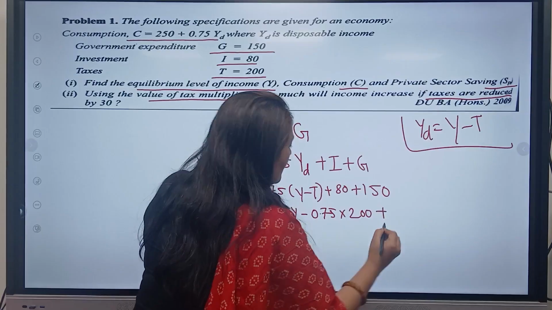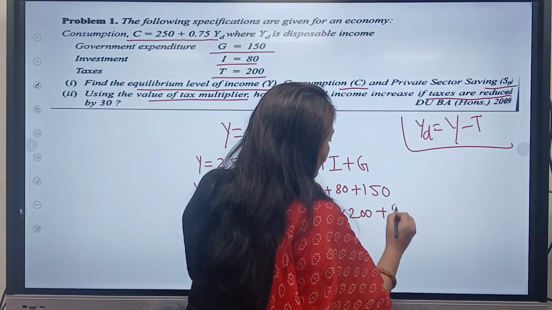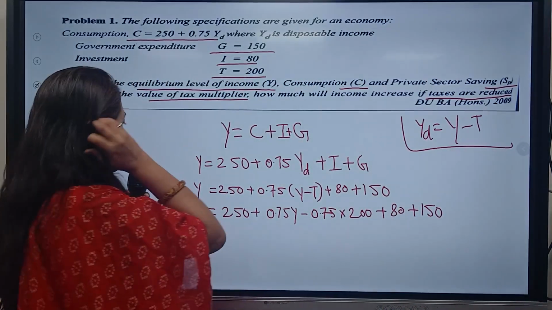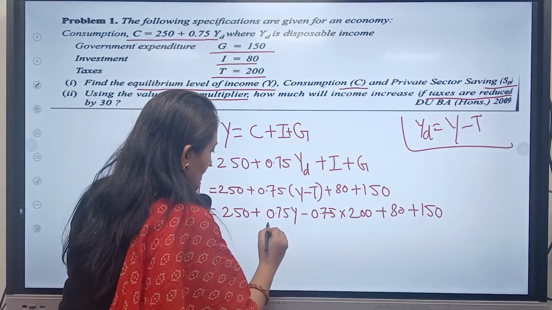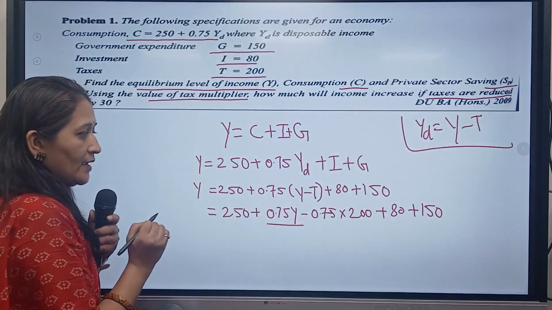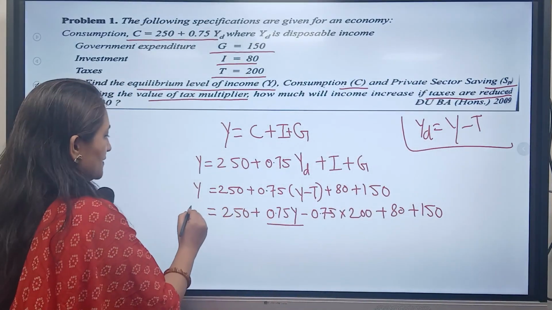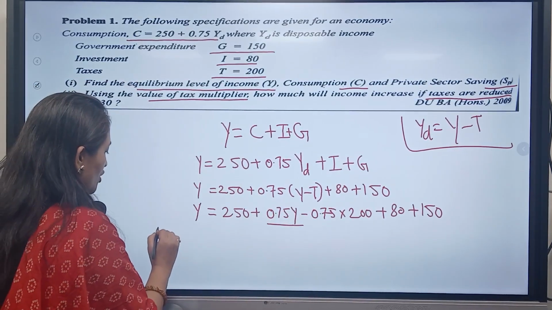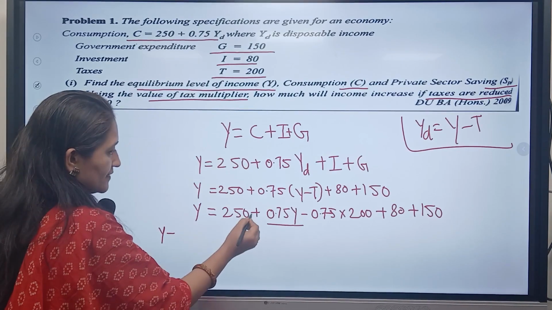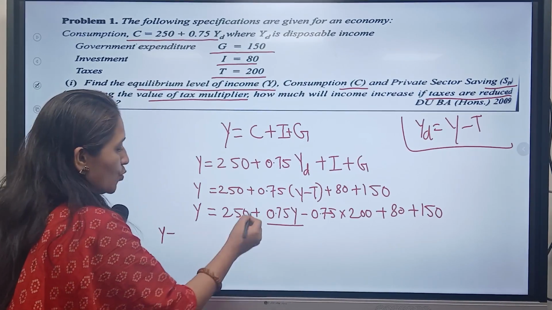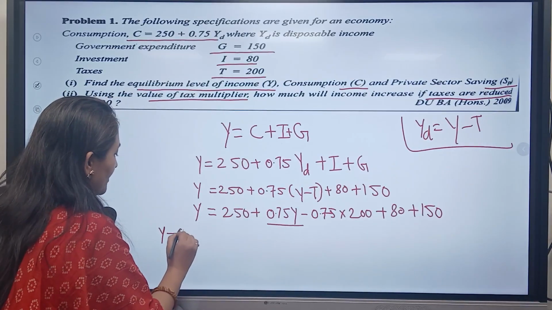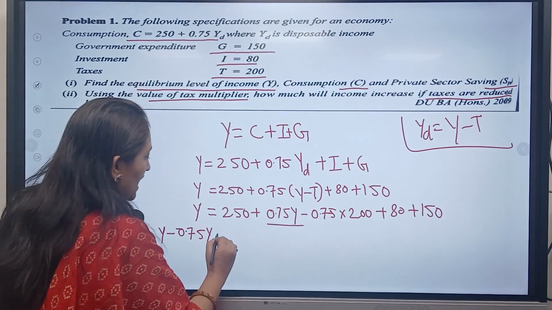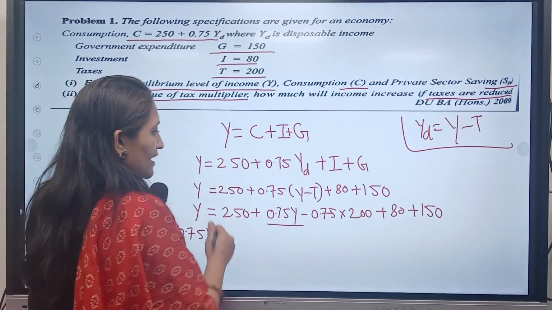The other values are as they are: I is 80 and G is 150 crore. Now you can see here, this is the only variable which we cannot sum up with the others. Since it's a Y connected to Y, we will take it to this side. So this becomes Y minus 0.75Y, because it becomes minus when it comes to the left hand side. The other values remain on the right hand side, and we can solve them.